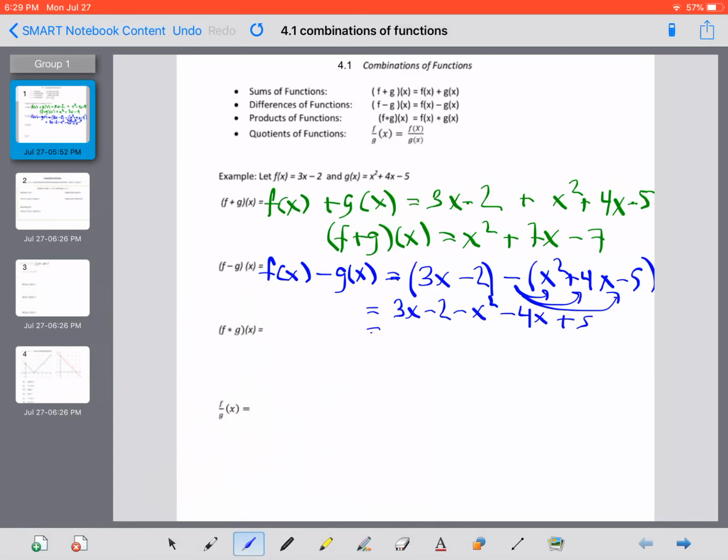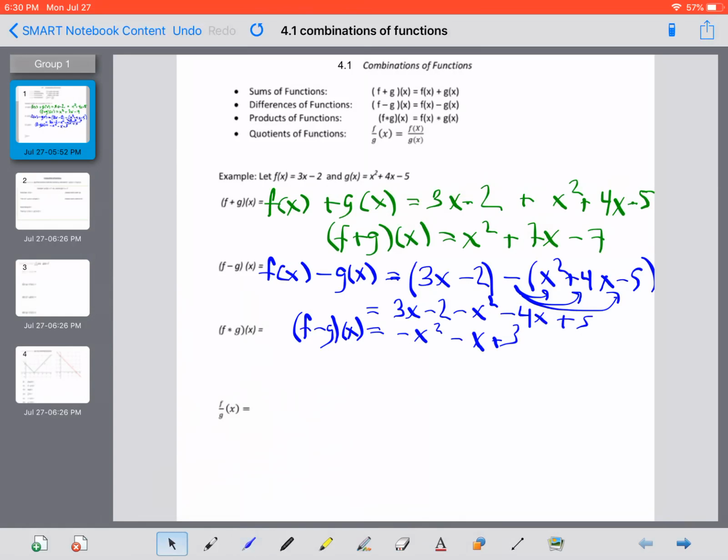So this in the end is going to simplify to negative x squared minus 1x. Finally we have negative 2 plus 5, so that's plus 3. So f minus g of x would be negative x squared minus x plus 3. So just be mindful of any negative signs.